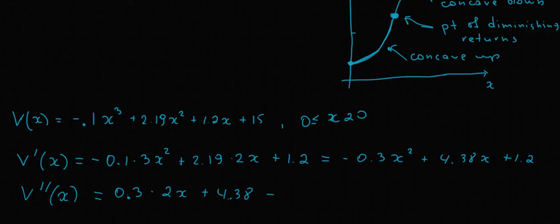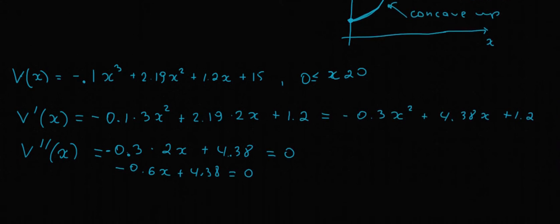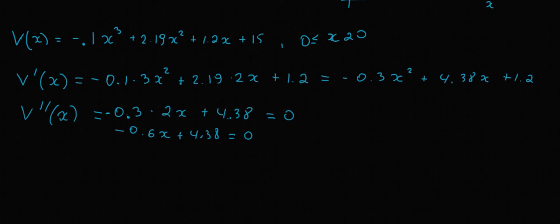I lost the negative sign in front of the first term. Now set this equal to 0 and solve for x. And so we get negative 0.6x plus 4.38 equals 0. This equation is fairly easy to solve for x.